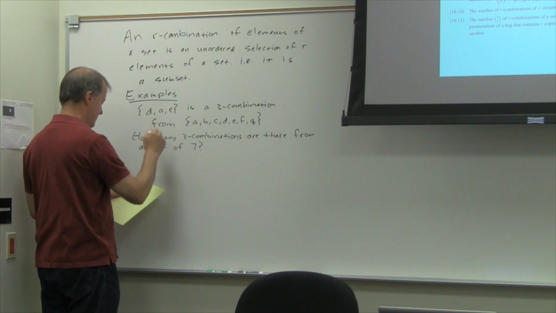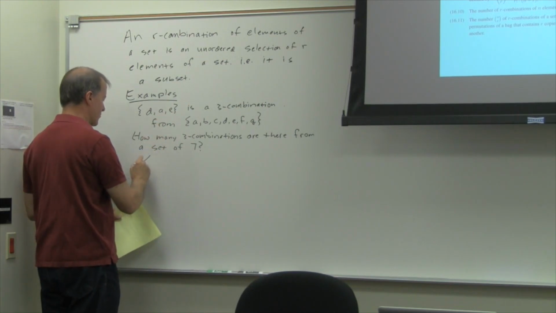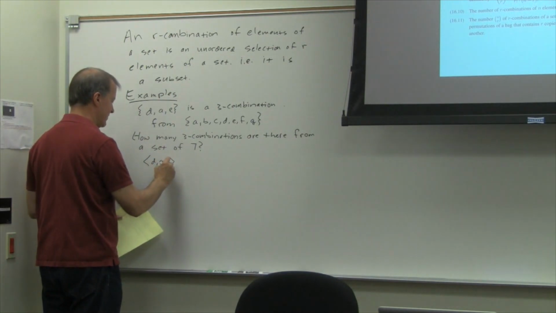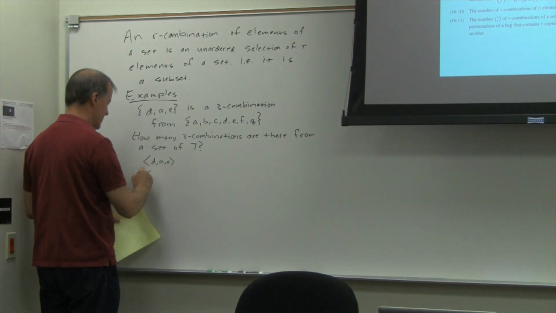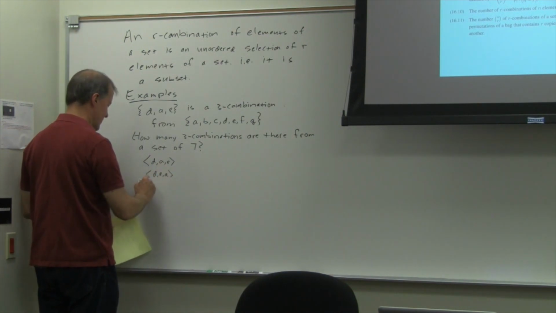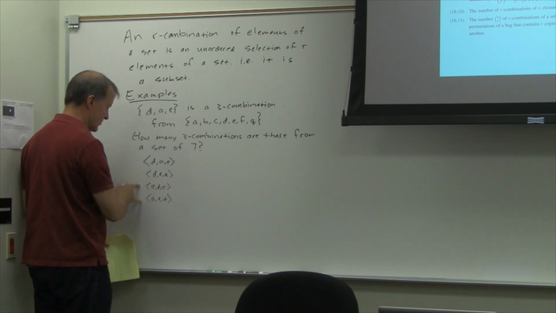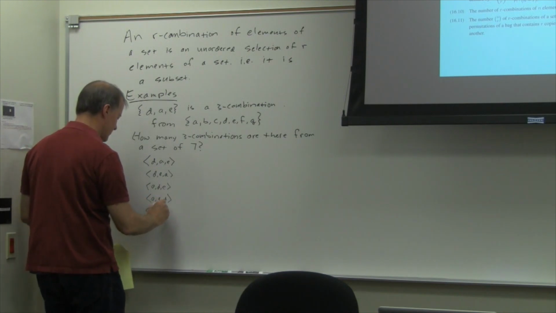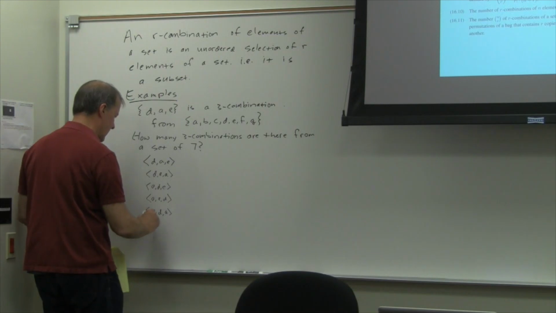If these were ordered, we would have the ordered triple DAE, DEA, ADE, and AED. So these are the 2 that start with D, 2 that start with A, and the 2 that start with E are EDA and EAD, right?